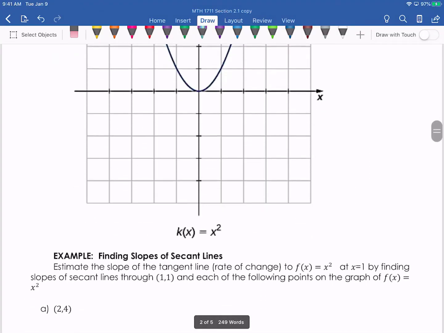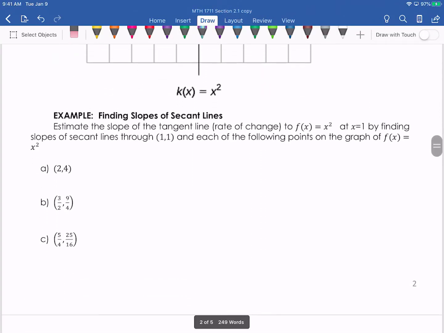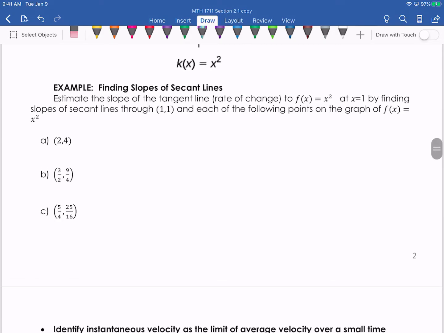So now using that idea, we are going to find the slope of the tangent line of f of x equals x squared at the point x equals 1 by finding the slopes of secant lines and getting closer and closer to that point x equals 1. And that change in x is getting smaller and smaller and approaching 0.